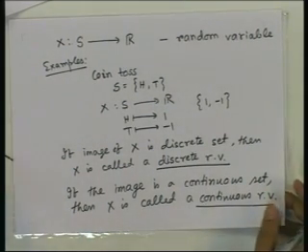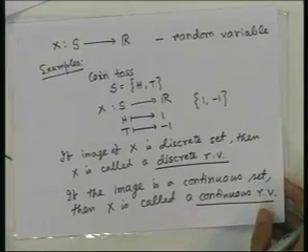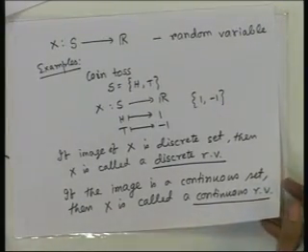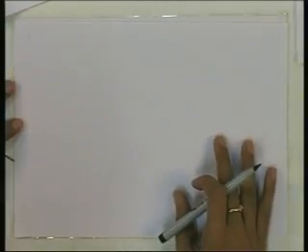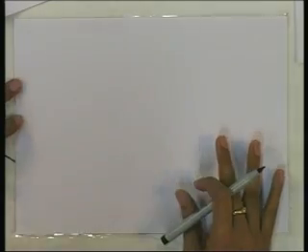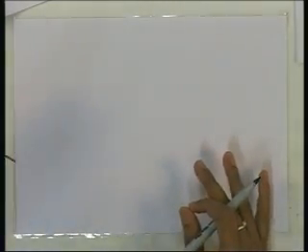Okay. Now, let us define some more probabilistic functions and concepts regarding random variable. So, the values taken by a random variable are real numbers, unlike the outcome of an experiment, which may not be a real number, like the head and tail for coin toss, they are not real numbers, but the random variable is defined in such a way that the value is a real number.